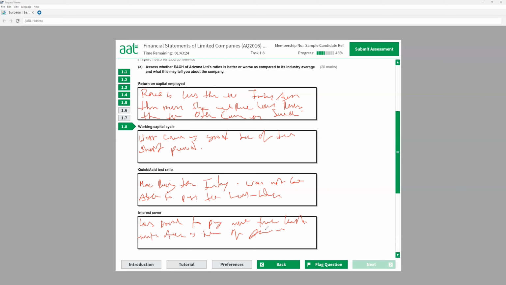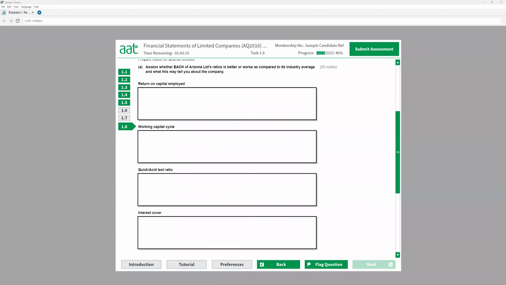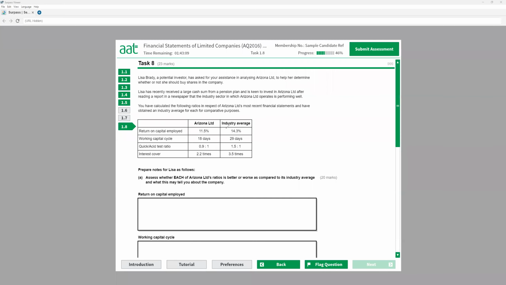When you're writing a question, all you have to do is ask yourself 3 questions and answer these 3 questions. For example, if I see the ROCE here, I say what's happening here? So I will say the industry average is better by, for example, 3%, because it is 14 and 11. So 3% is better.